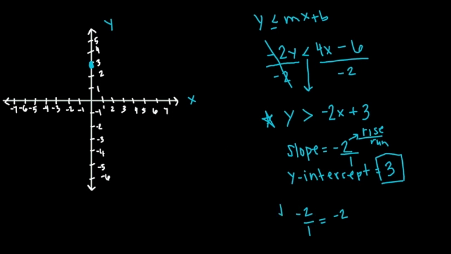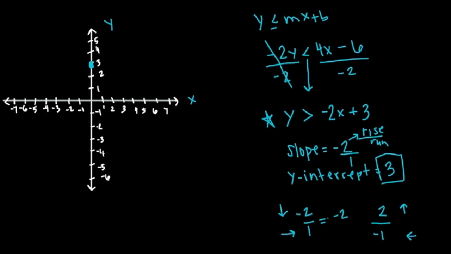So I'm going to go down 2 because of the negative sign, and to the right, which is the positive way, 1 time. This is the same as saying I can go up 2 and then to the left once, because 2 over negative 1 is negative 2, or negative 2 over 1 is negative 2.